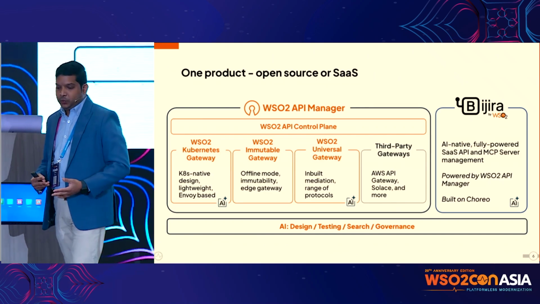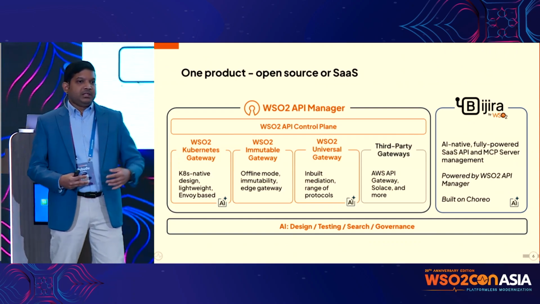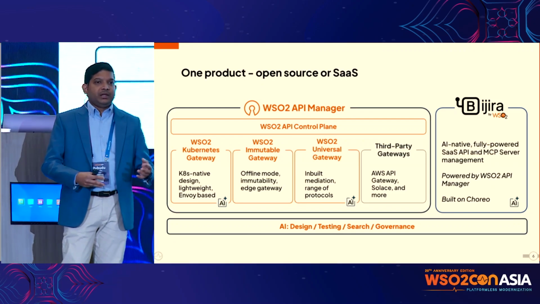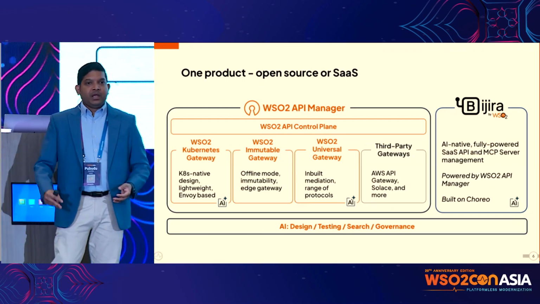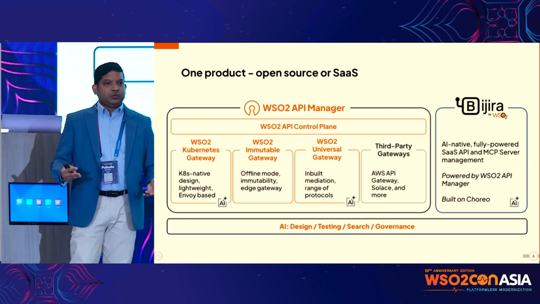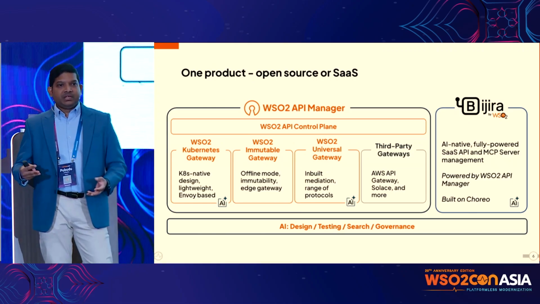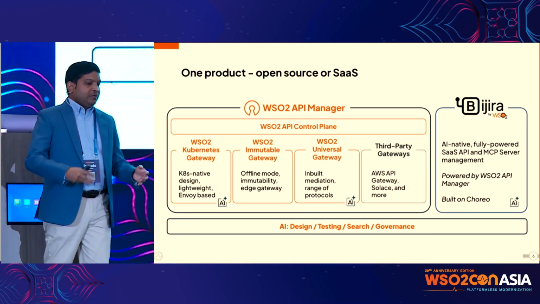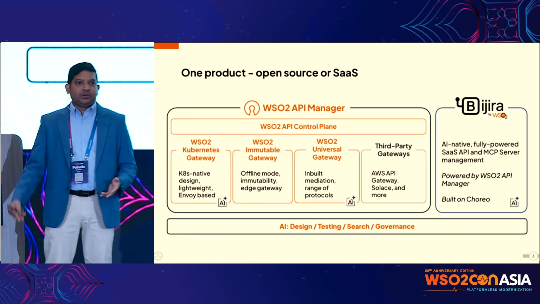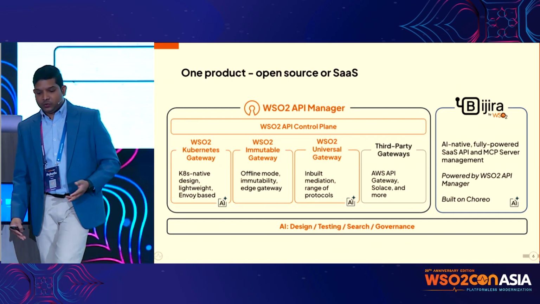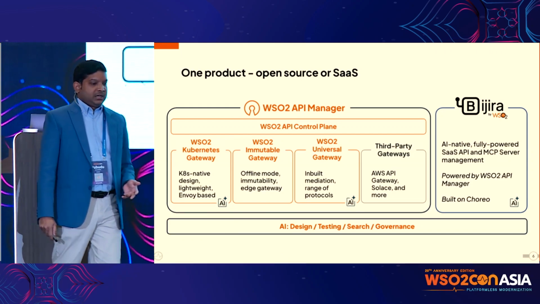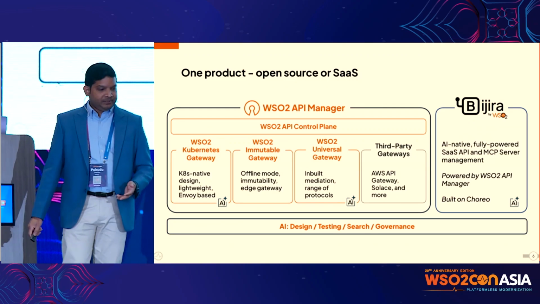So in the current version of API Manager, we have the AWS Gateway, where you can use the control plane and create APIs in the AWS Gateway. And also we have the Solace broker, which is an event broker, which you can use to do async API based API creation as well. So we are extending this architecture to bring more federated gateways as well going forward. So we have started those efforts as well. And Bijira is our cloud offering when it comes to API management.